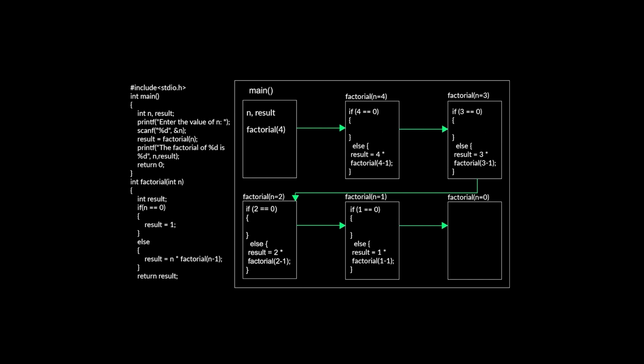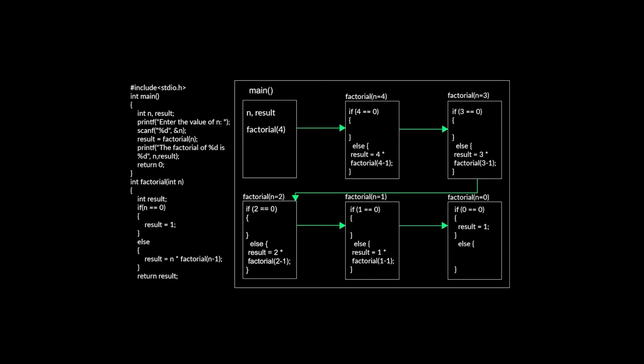Now you have to observe carefully. If 0 equals 0, here the condition is true. Now the else block will not execute. In all the previous method spaces, we have seen that the else block was executed and the if block was terminated. But in this case, the if block will execute and the else block will be terminated. So in the if block, result equal to 1.